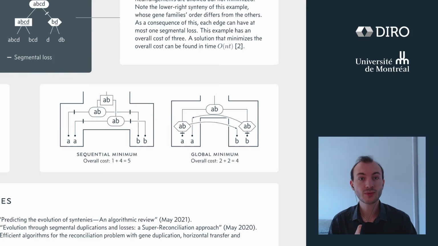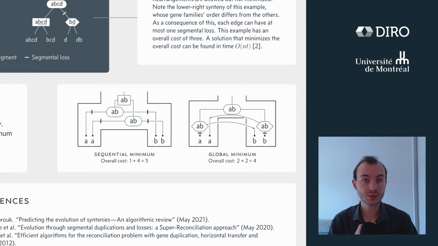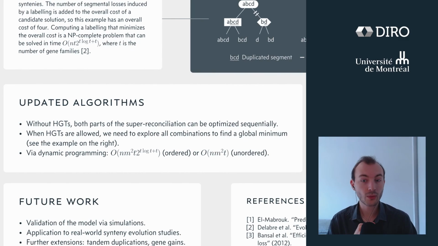So if we want to find a globally optimal solution, we need to go through all combinations of the two parts. This can be done with dynamic programming. In the ordered version, we get an algorithm in time O(n · m² · t · 2^(t log t + t)), while in the unordered version, we get an algorithm in time O(n · m² · t).